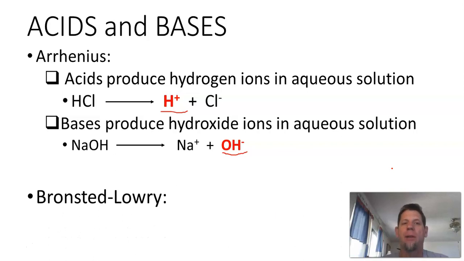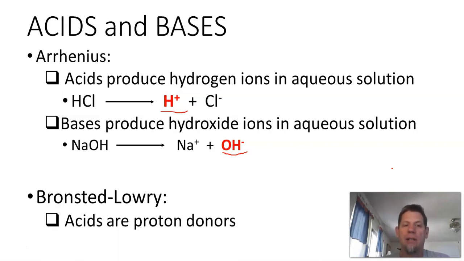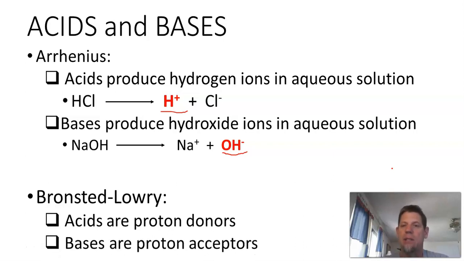Bronsted-Lowry saw that there were a lot of things that acted like acids and bases that did not fit the definition that Arrhenius had come up with. So Bronsted and Lowry said this. They said acids are proton donors, and bases are proton acceptors. So if we go back and look at this, these little guys up here, these hydrogens, technically an H+ is a proton, right?